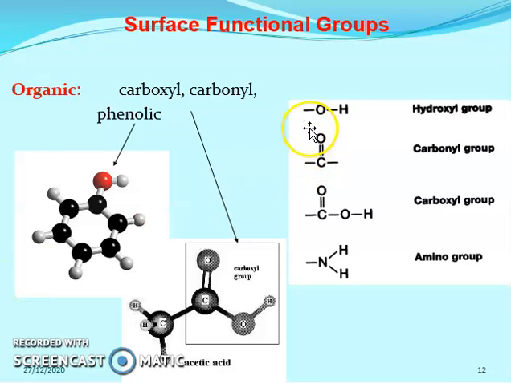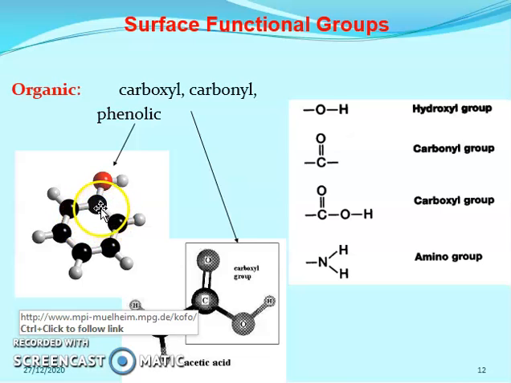So here are some surface groups: OH, CO, COH, NH. They may gain H or lose H according to the pH. Here is the phenol, with the carbon, this O and this H.